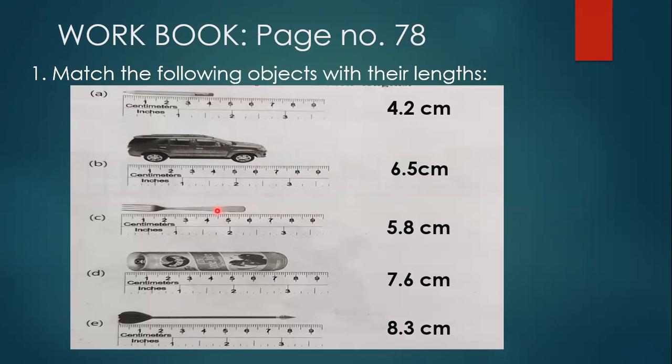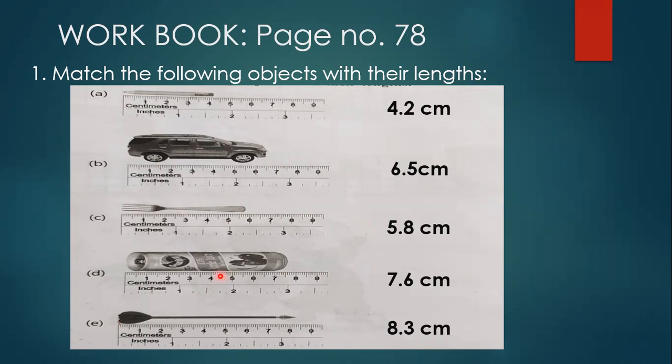Next figure, here you can see one end is coinciding with the 0, and the other end is the eighth small line after 5. So it will be 5.8 centimeter. And can you say 5.8 centimeter is equal to how many centimeter and how many millimeter? 5 centimeter and 8 millimeter. The digit after the point shows the millimeter.